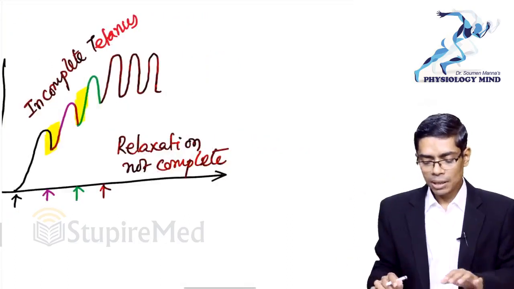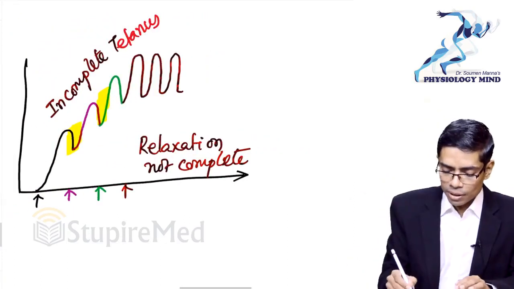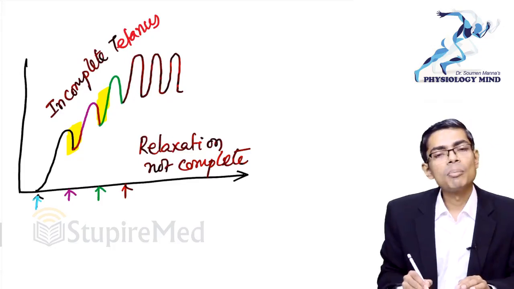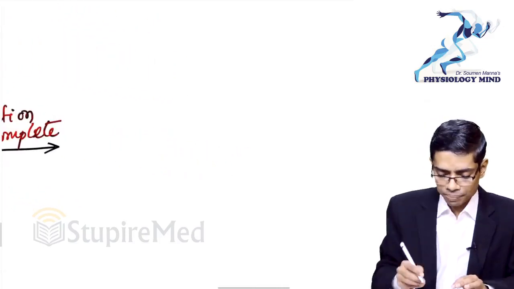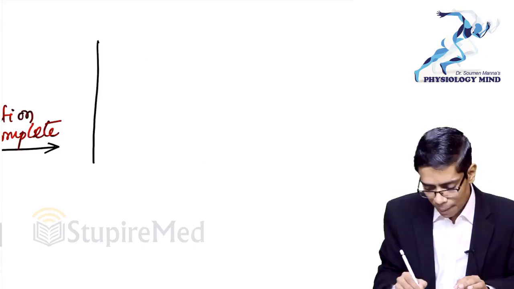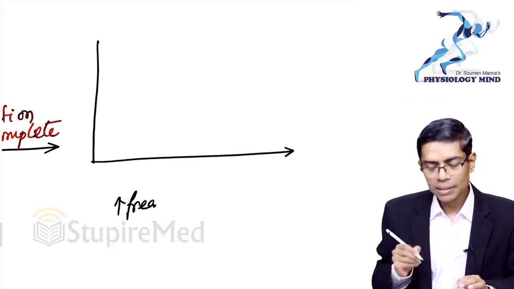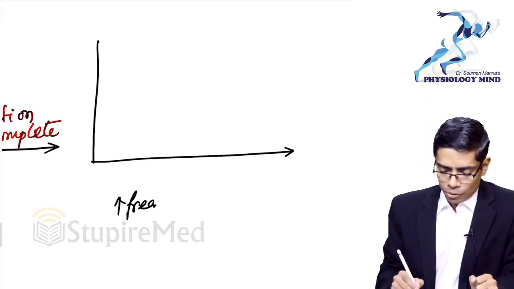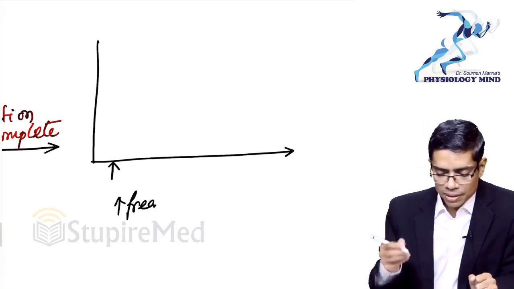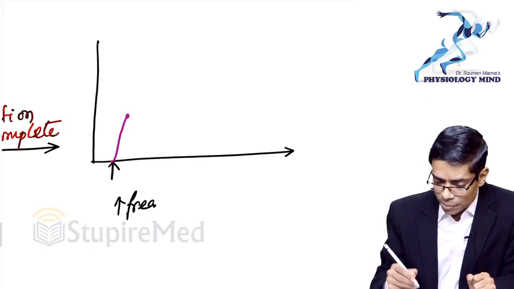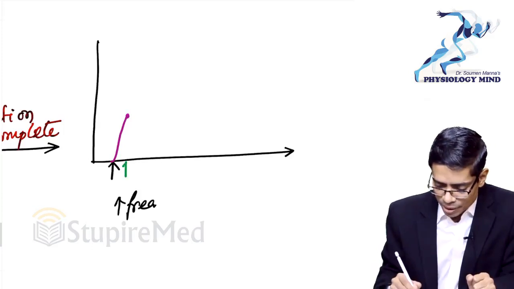So what will I do? I'll give stimulation which will be more frequent. Look what will happen. Now I have increased the frequency more. First stimulus, one contraction going on, relaxation will start from this point, but before that I have given the second stimulus.